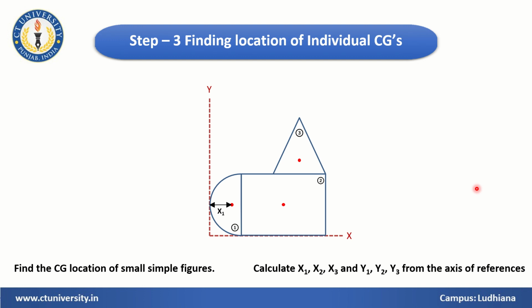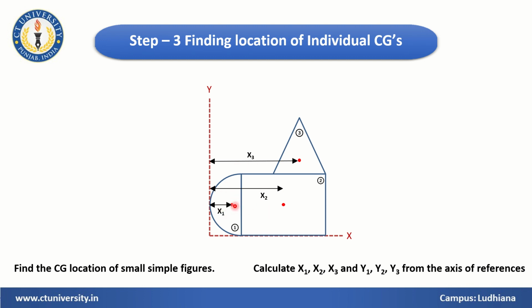Similarly, x2 will be the distance of this point, the second figure, from your axis of reference. Remember, all the distances that we have to find will be from one single reference axis. So this will be x2. Similarly, you need to calculate x3, right? I hope you can calculate geometrically what the distances x1, x2 and x3 will be.